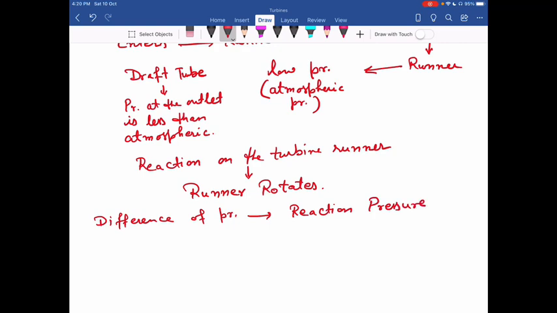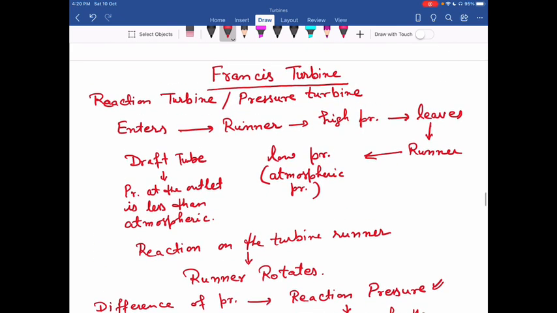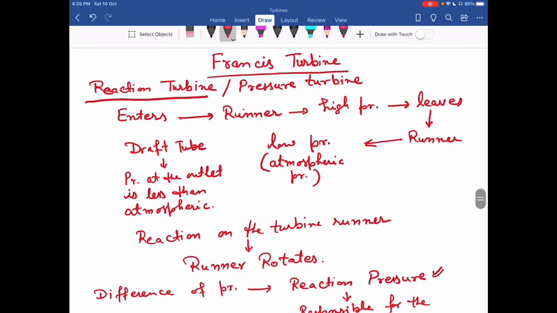Now this reaction pressure is responsible for the rotation of the runner. So due to this reaction pressure, we call the Francis turbine a reaction turbine.